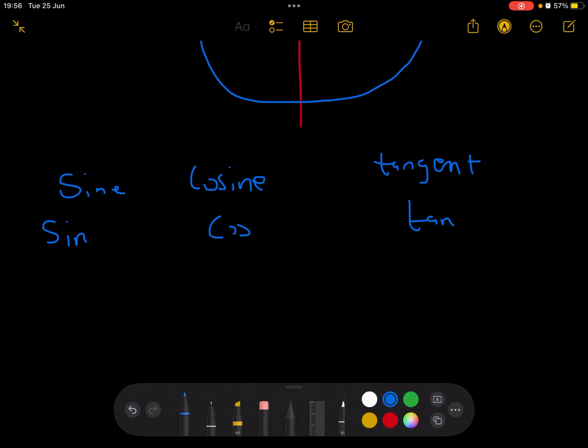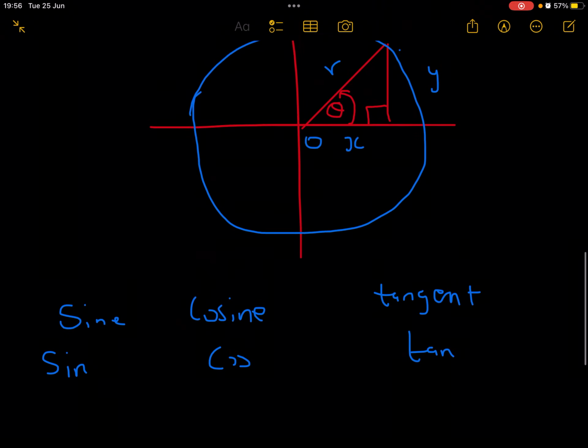I like to define all trig functions and call them sine of an angle. Why? Because the angle that this terminal ray makes, which we have here as theta, can be any Greek letter: alpha, beta, and so on, because it's an angle.